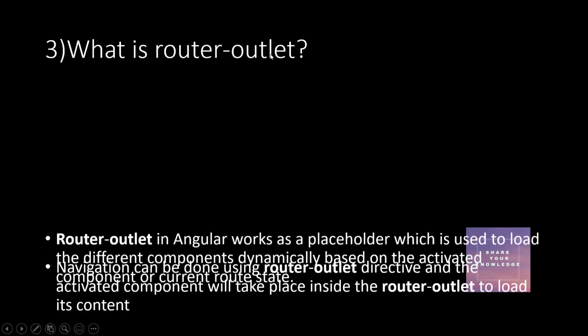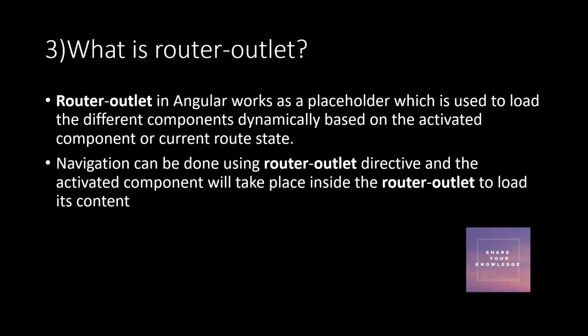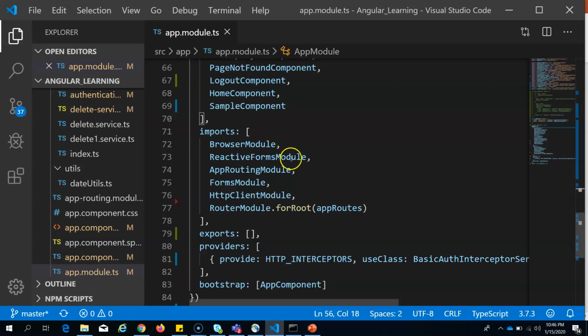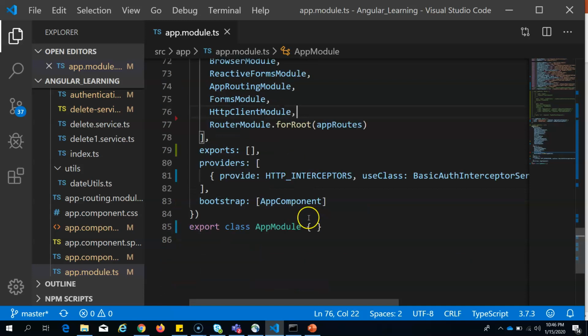Router outlet, if you see, it is just a placeholder where the activated route, dynamically activated component will be placed. So let's see that. You can see that the app component is already loaded.